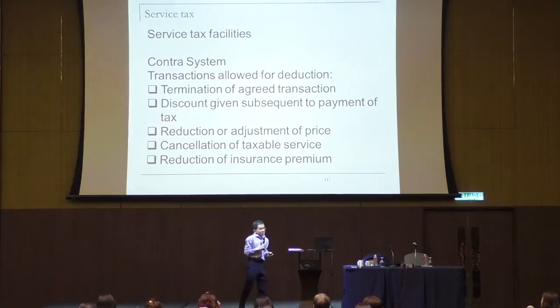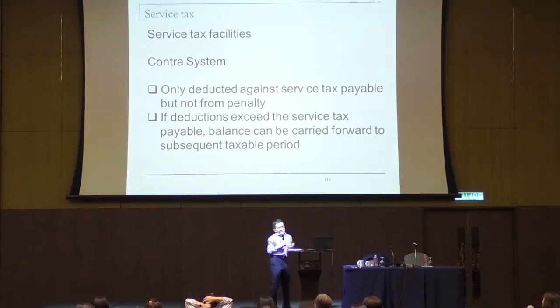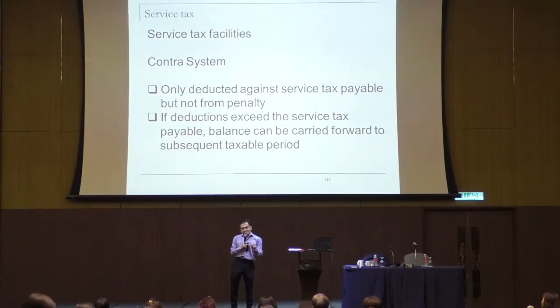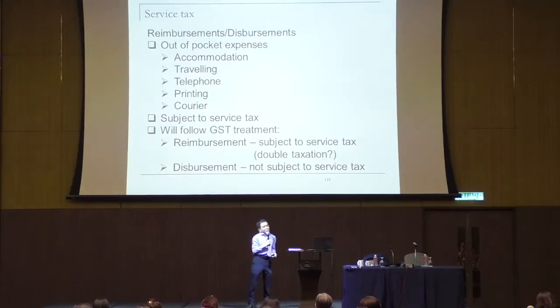Now, take note, some of you will say, what if the amount to be deducted is more than my service tax payable for the period? Whatever is unabsorbed can be carried forward to the next period until you fully utilize it. So this is the contra system provided.